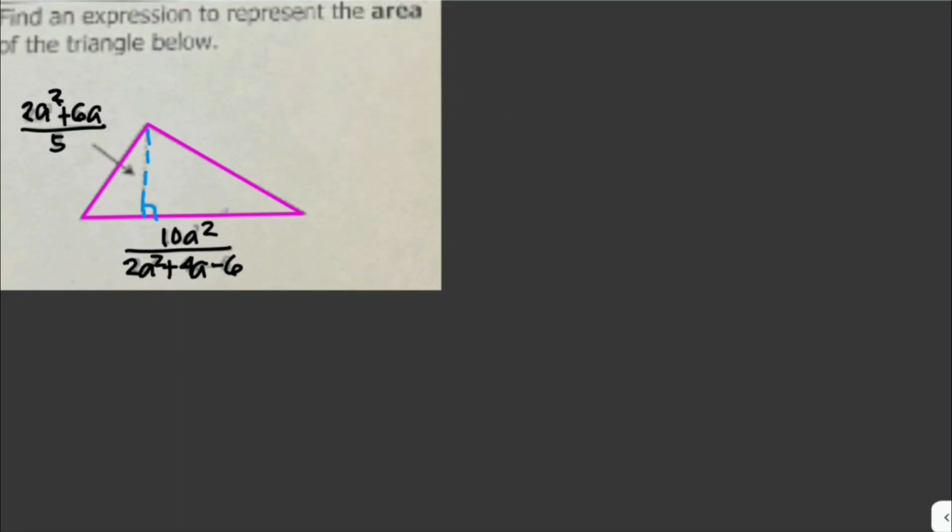To solve for the area of the triangle, we can use the formula area equals 1/2 base times height. Since we're already given the values of the base and height in rational expressions, you can just plug in everything into the equation.